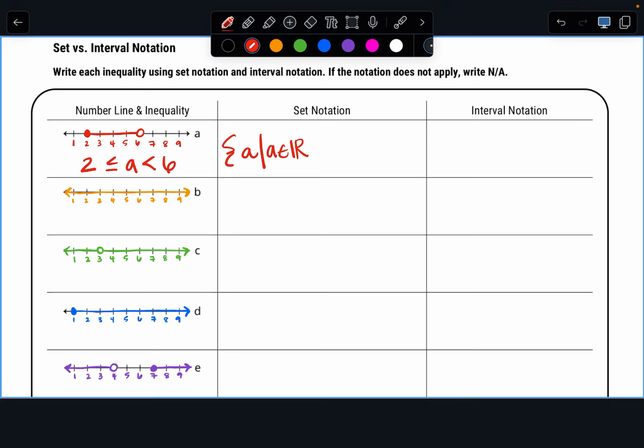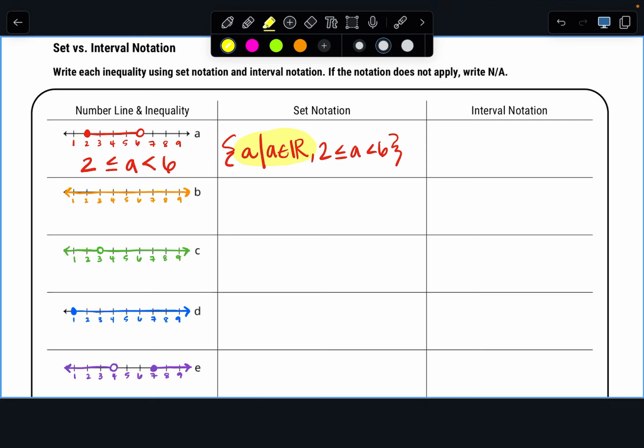The nice thing about this is once you write this notation, all you're doing, put a comma, is listing your inequality and then closing your curly bracket. This first part, this little fancy A such that A is an element of all real numbers, that's just saying that I can pick any number from negative infinity to positive infinity.